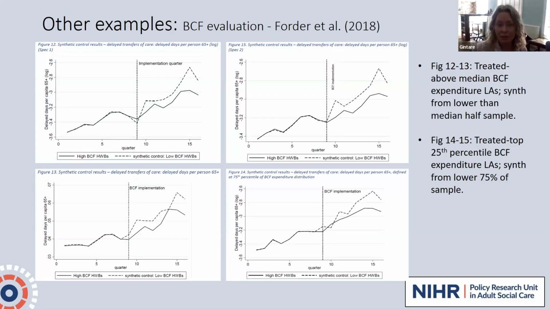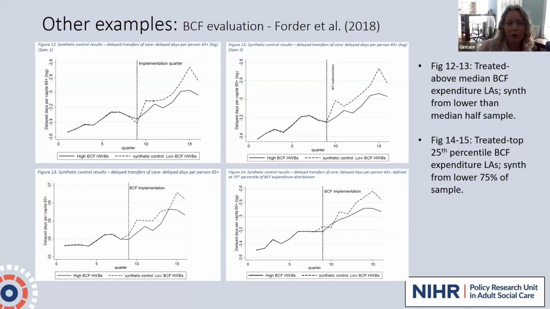So those that have already in any way been affected by the treatment. In this case, the Better Care Fund was allocated across all of the local authorities in England, and local authorities were simply receiving a smaller or a larger sum. So in order to indicate which units are treated, there are a couple of different estimations.